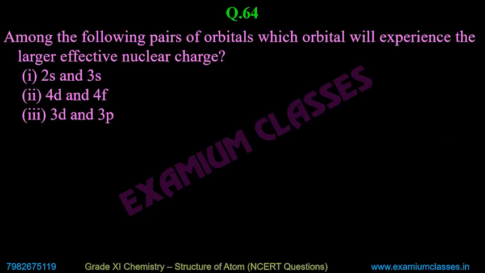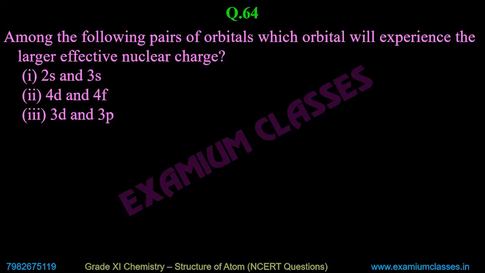Among the following pairs of orbitals, which orbital will experience the larger effective nuclear charge? The answer here is again easy. Okay, this time I'll give a chance to Kavish. Yes. Sir, in the first pair, 2s will experience larger effective nuclear charge. Right. And in the second, sir, should I tell all of them?